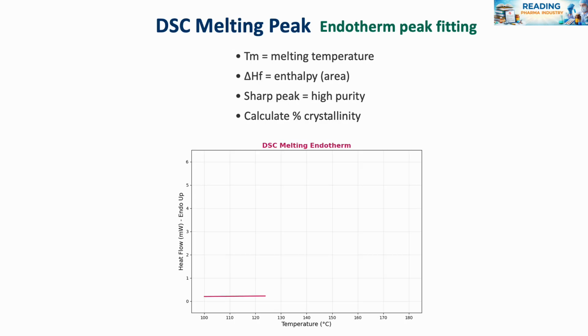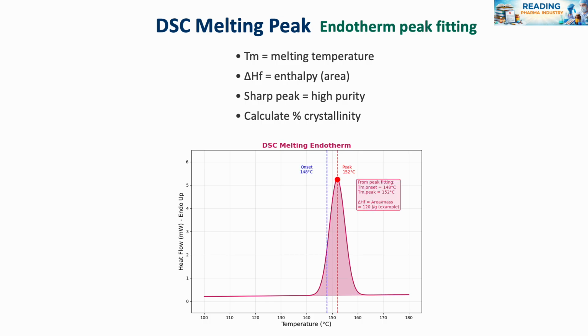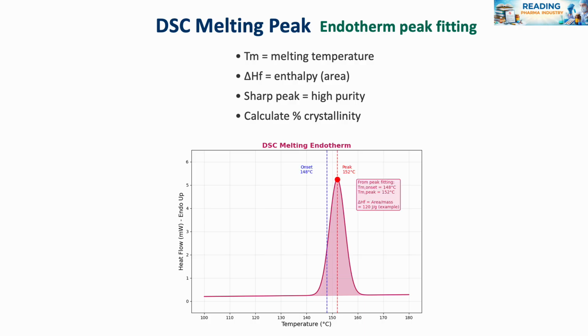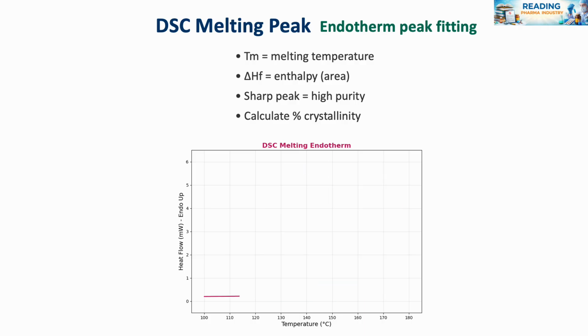Let's look at another example taken from DSC, differential scanning calorimetry, and in this case melting phenomena. It's called a melting endotherm, and these are often approximately Gaussian and can be fit with Gaussian functions. Tm, which is the melting temperature, gives you the peak position.